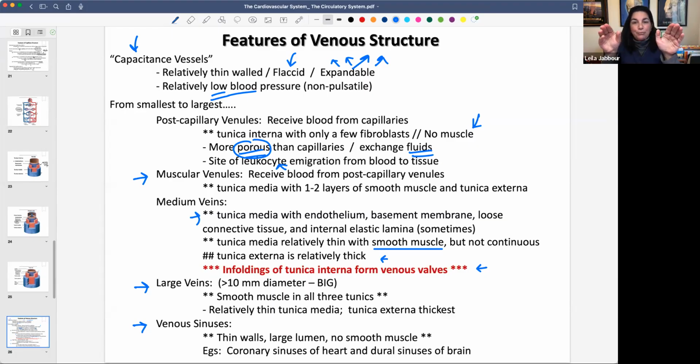So the dura mater around the brain actually has two layers, a parietal layer on the outside, and the visceral layer on the inside actually dives down between the hemispheres and creates this kind of partition wall. I'm not sure if you can visualize that in your head, but we'll see that with the brain chapter. And it creates these connective tissue partitions between the hemispheres. But as the visceral layer of the dura mater dives down, it separates from the parietal layer, and you have that gap, and that's the venous sinus.